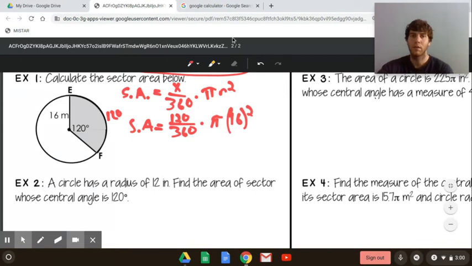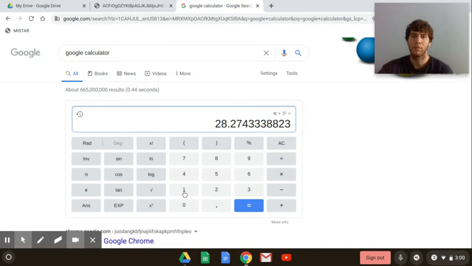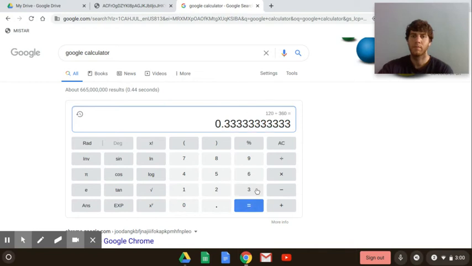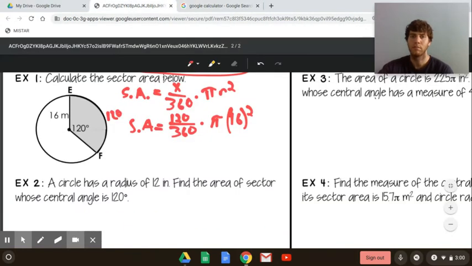Then we can put that all on the calculator. 120 divided by 360 is 1/3, times pi, and then our radius was 16 squared. So it's going to give us 268.1.